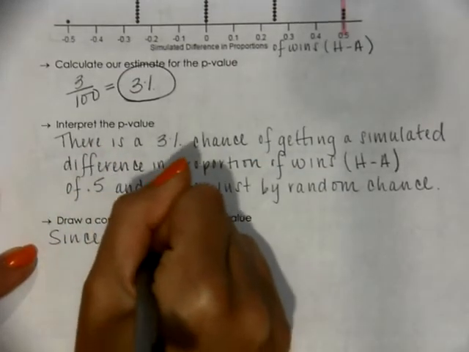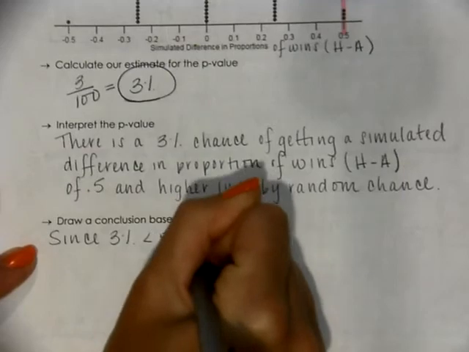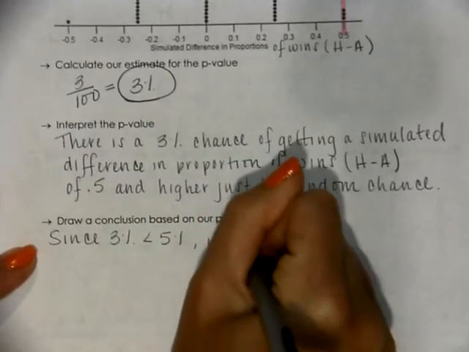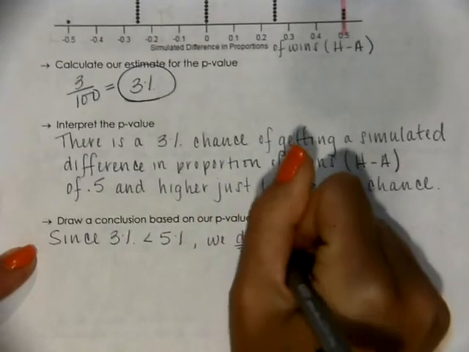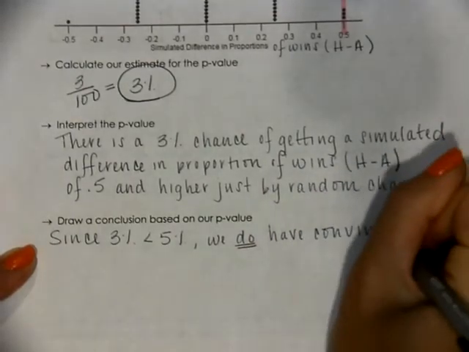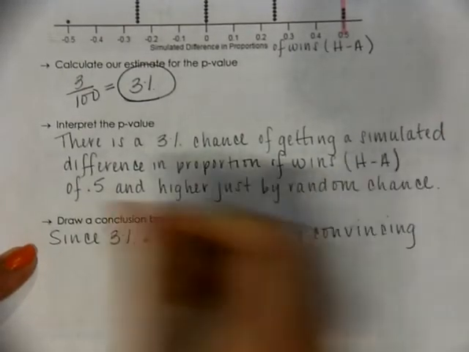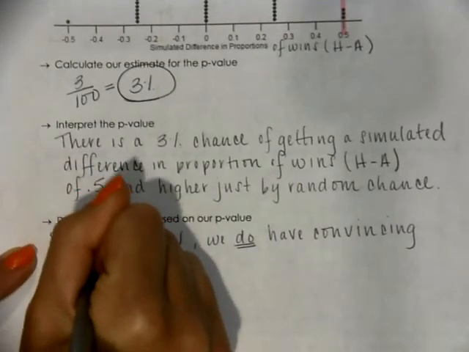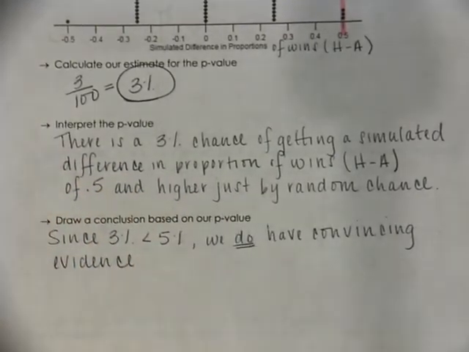Since 3% is less than 5%, we do have convincing evidence, and remember, we always reference our alternative hypothesis in our conclusions.